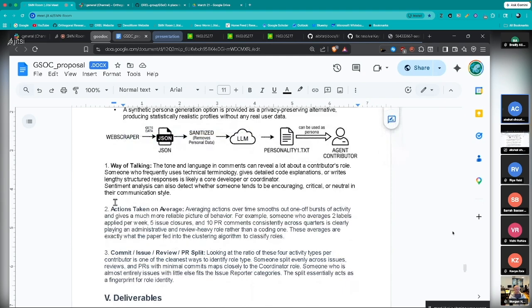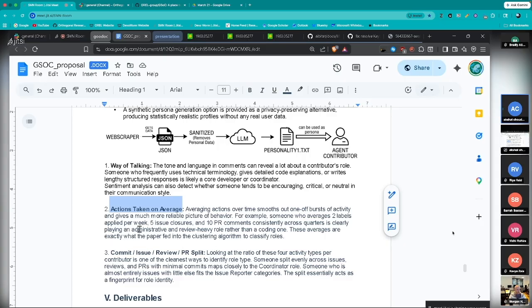So these are the three main things that the web scraper will tend to analyze. First is the way of talking, how politely that person talks, and then we have action taken on average. This will help us identify maintainers and contributors.